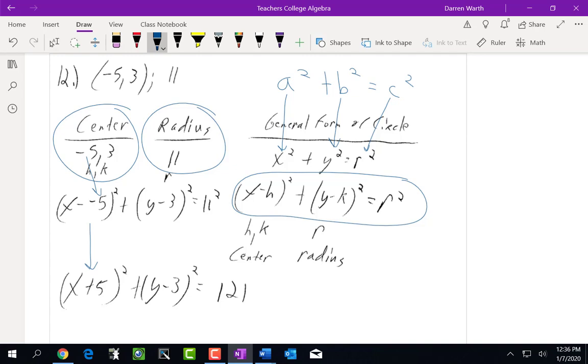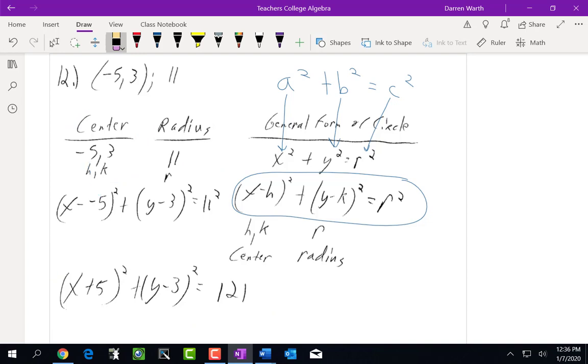And substituting in for y, it makes sense because that is the x value and that is the y value. So we got y minus 3 squared. And then here's my radius squared, 11 squared, which is 121. So the equation for that circle is x plus 5 squared plus y minus 3 squared equals 121.